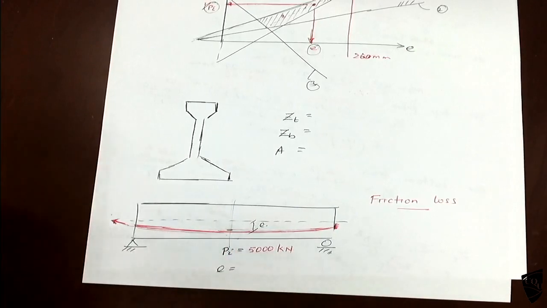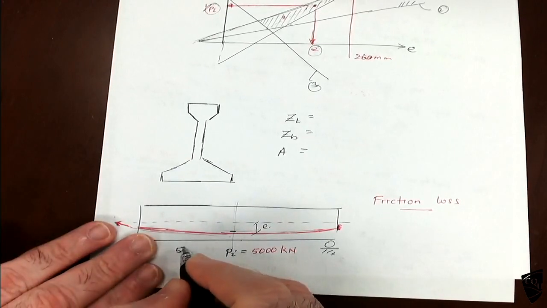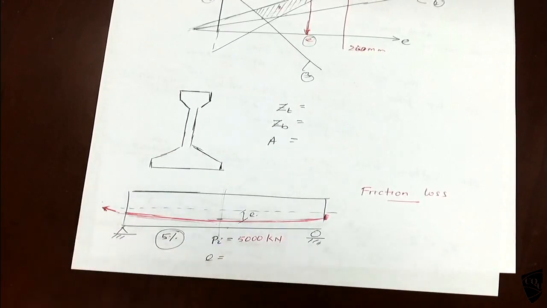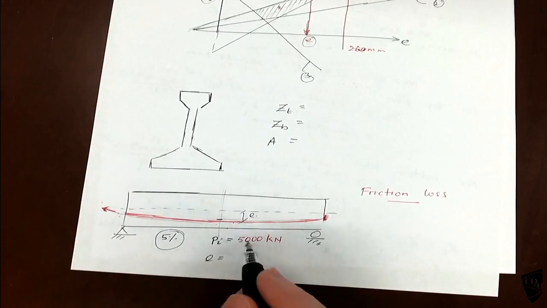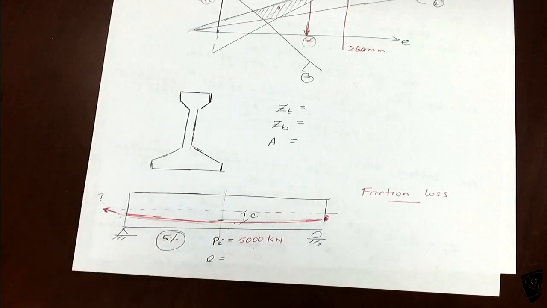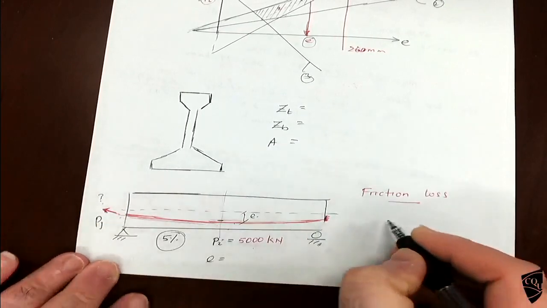So if the friction loss is, let's say, about 5% from here to there, and you need to have 5000 here, how much do you need to apply? More than 5000. So how much will I apply at this end, Pj?